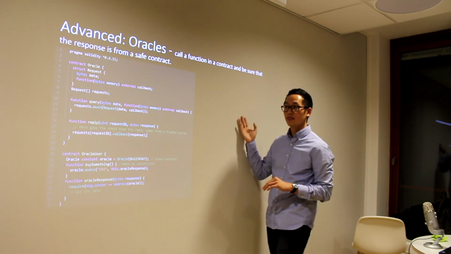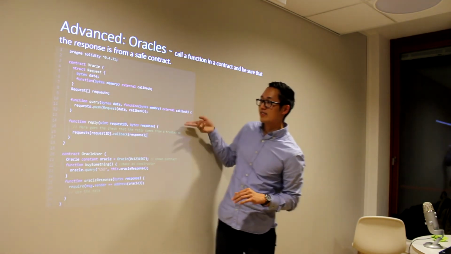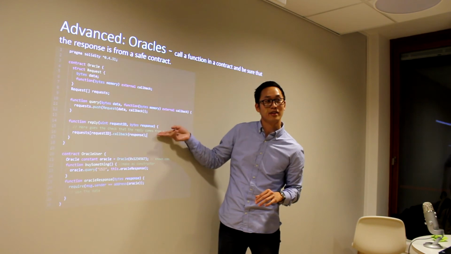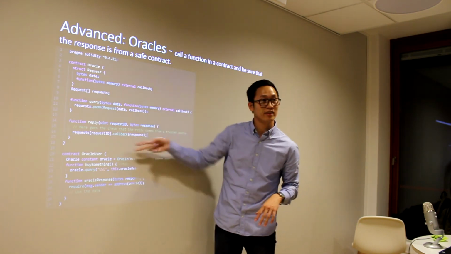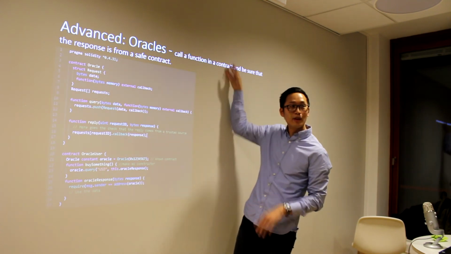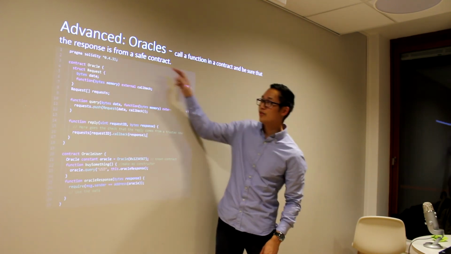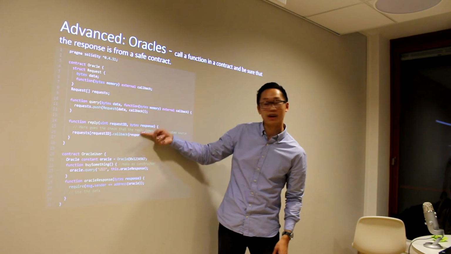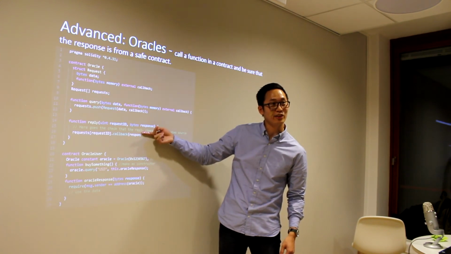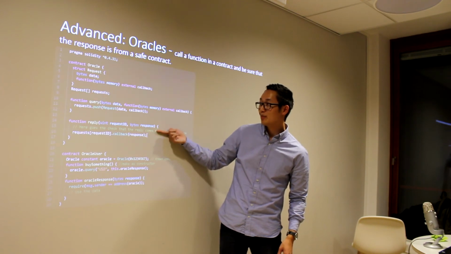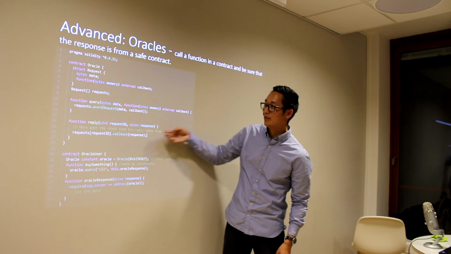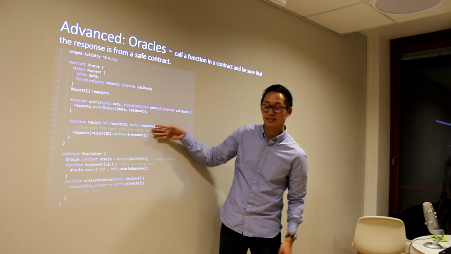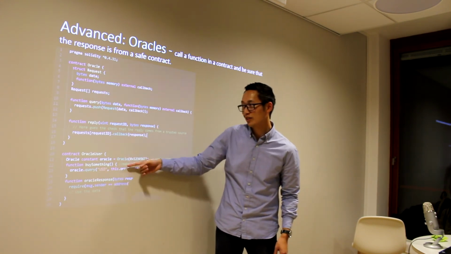So someone will call this reply method. Maybe the one who owns this contract. Someone in the real world who owns this contract will call the reply. He wants to reply the USD ratio. Because this contract is trusted, everything that comes from this contract, the Oracle user will trust.